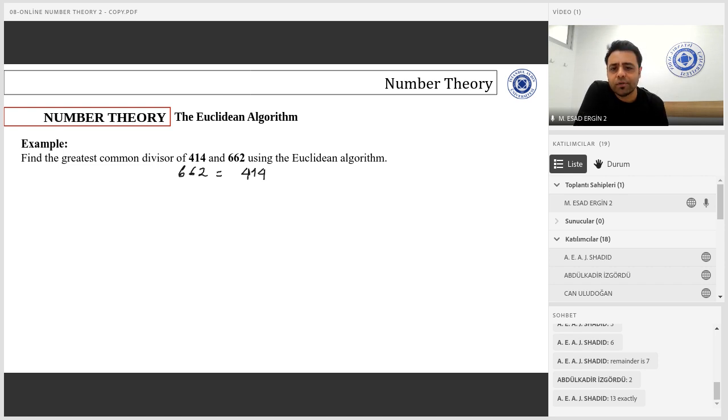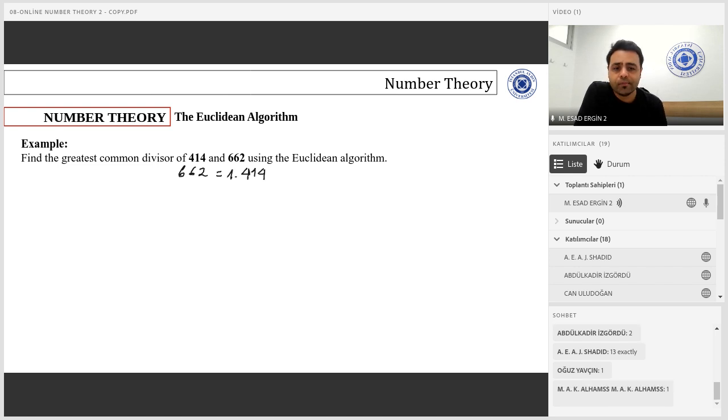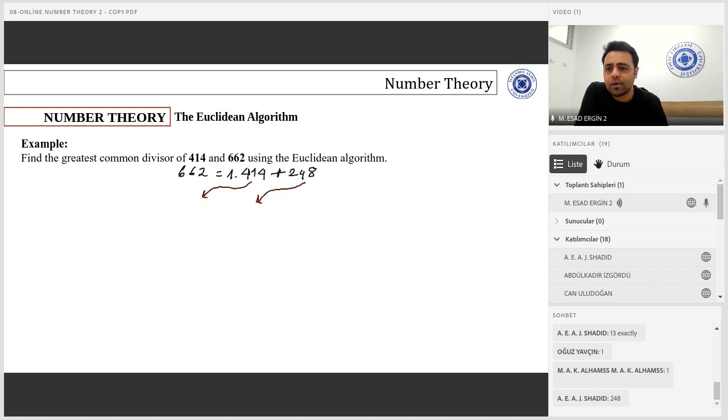If I multiply by 2, it will be greater than 800. It means that just 1. And plus, what is the remainder? If I subtract from the 662, it will be 248, right? So now I'm going to use that one on the left side and that one on the right side.